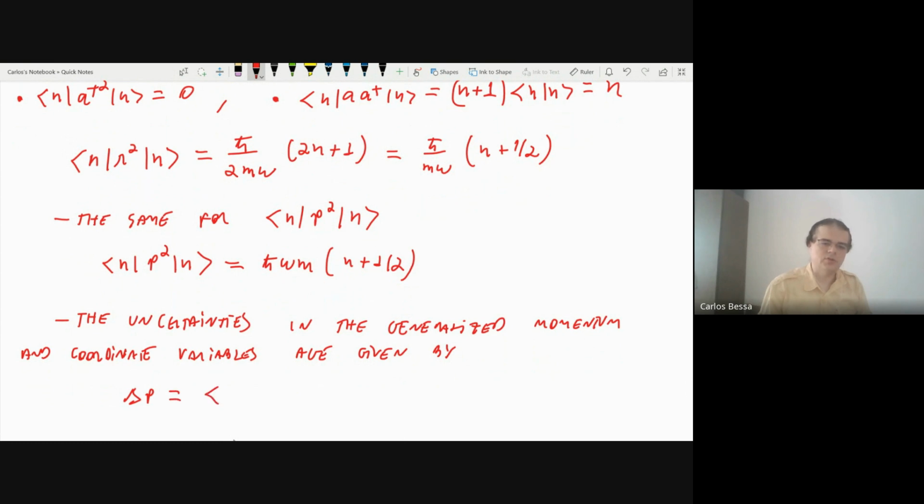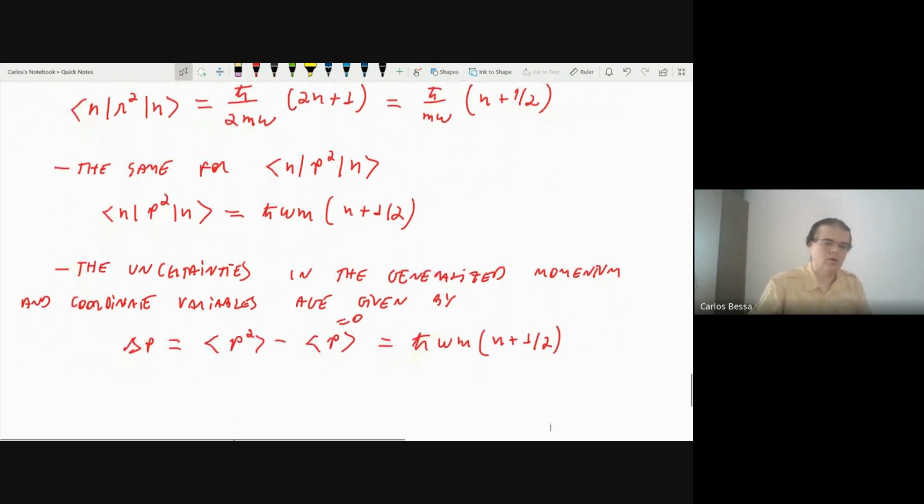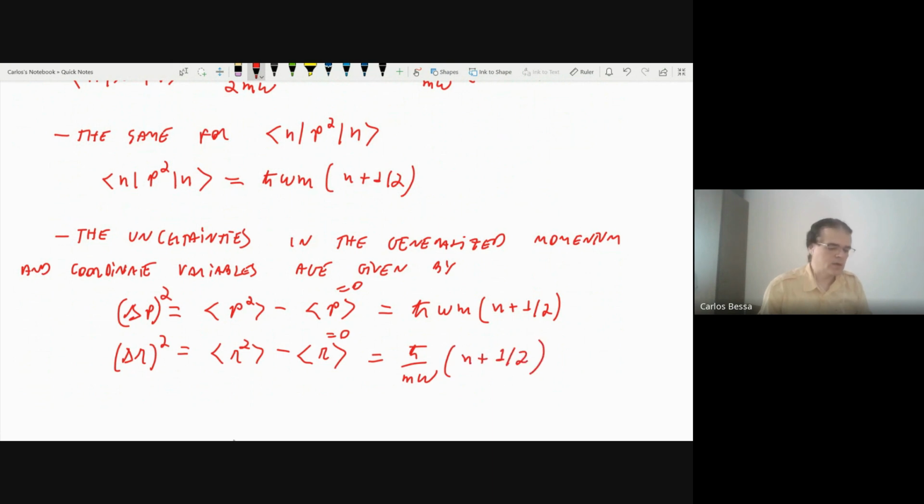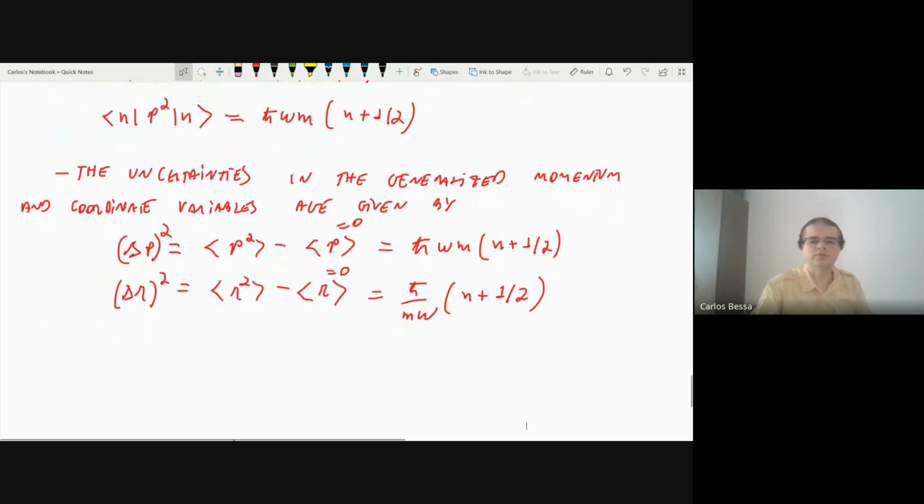Delta P is defined this way: P squared minus P. This we saw as 0, and this guy here is h bar omega times n plus 1/2. And delta R, this squared, is R squared minus this guy, which is 0, and this other one. The expectation values for the momentum and the position are given by this.